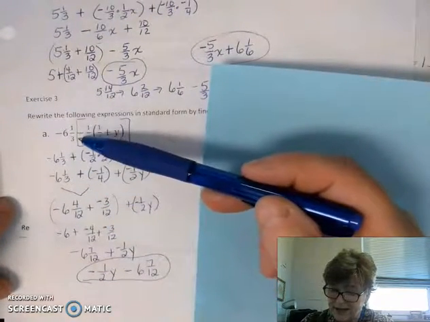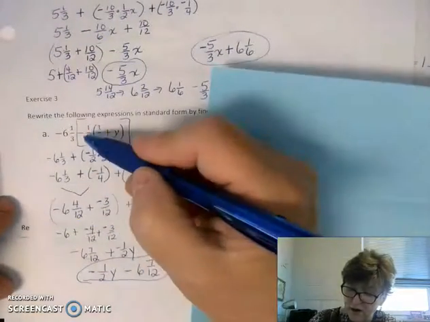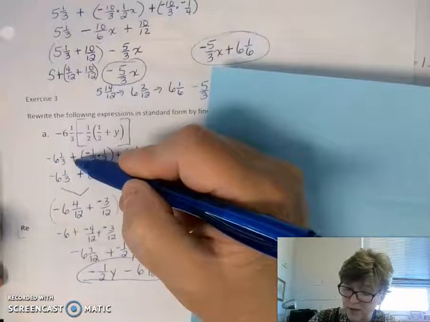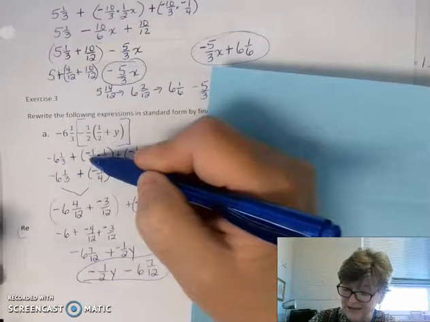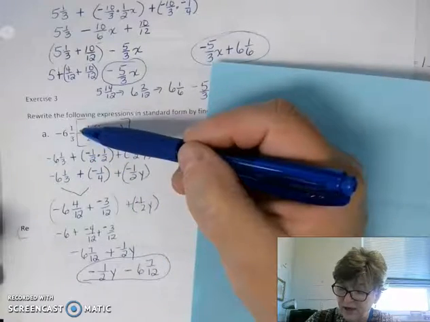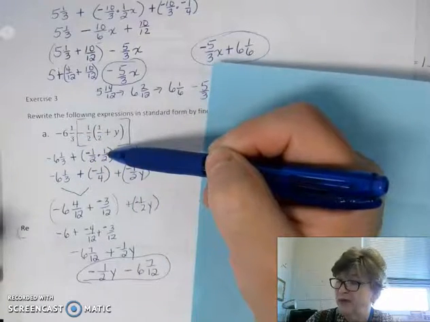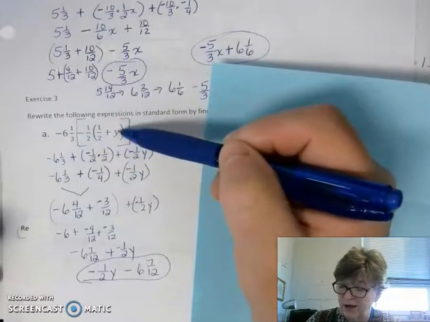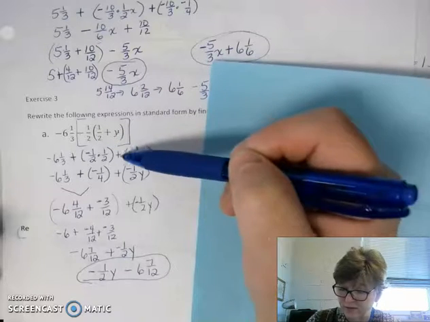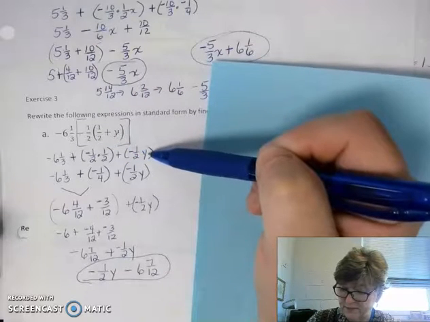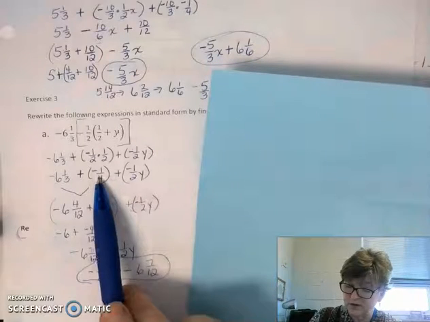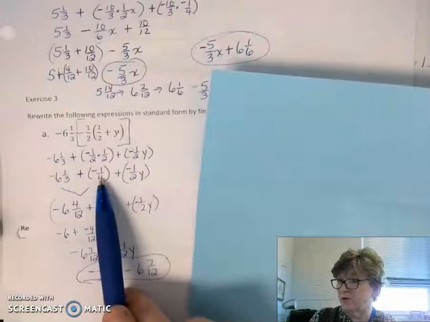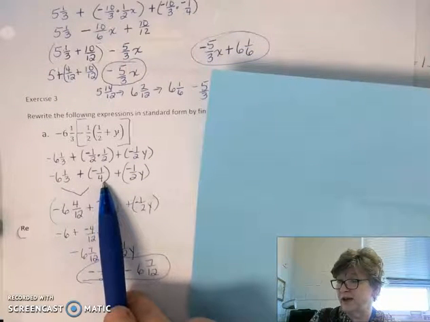I need to take that 1/2, and notice I changed it to the additive inverse, plus a negative. I utilized the distributive property to eliminate the parentheses. Did your combining, your multiplication here, and found the product of negative 1/4.